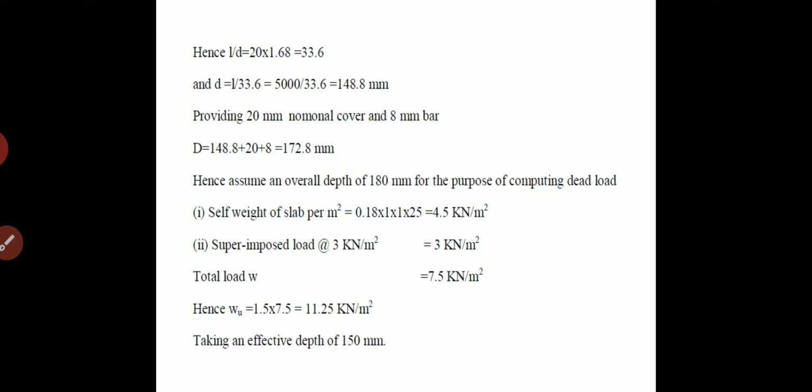Now self weight of slab per meter square equal to 0.18, which is capital D in meter, into 1 into 1 into 25. 25 is unit weight of concrete. When we calculate self weight, we multiply B into D into T, which is thickness, into unit weight of concrete.